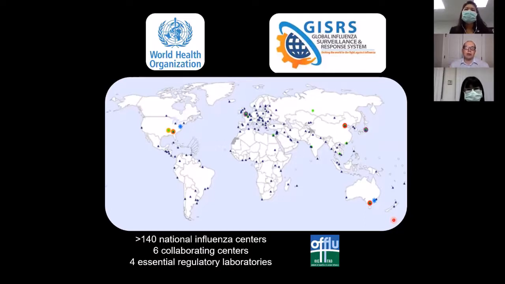We meet once in February to make recommendations for the Northern Hemisphere formulation, and once in September for recommendations for the Southern Hemisphere.